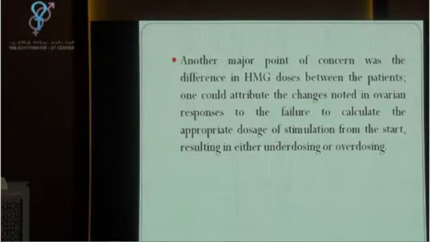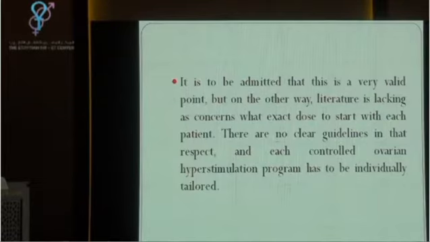But the main limitation, which is a major concern, is the difference in HMG doses between the patients. One could argue that these changes are simply noted because we either underdosed or overdosed the patients. We did not select properly the appropriate dose for each patient. I agree. But on the other hand, the literature is lacking regarding what exact dose we need to start with for each patient.